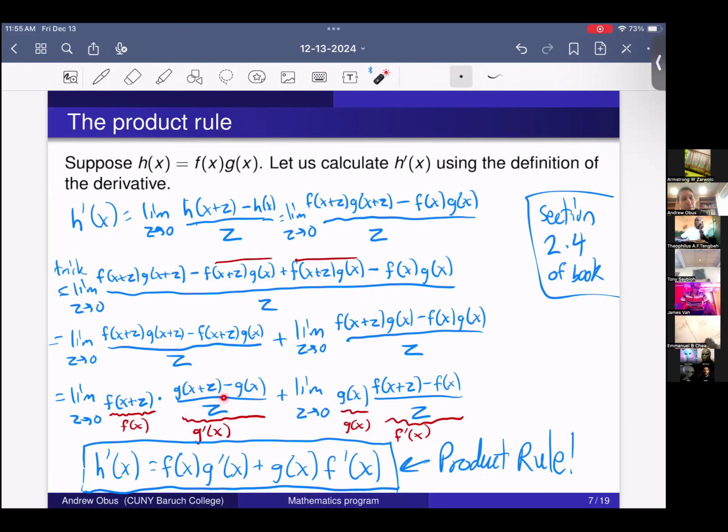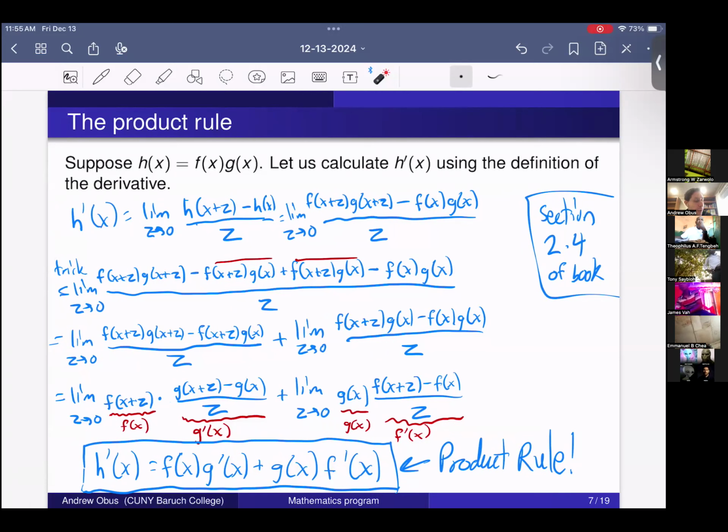That is just the derivative. And so it all simplifies down to a formula that's pretty easy to remember. So h prime of x is not just f prime of x times g prime of x. Instead, it's given by f of x times g prime of x plus g of x times f prime of x. And this is what's called the product rule.